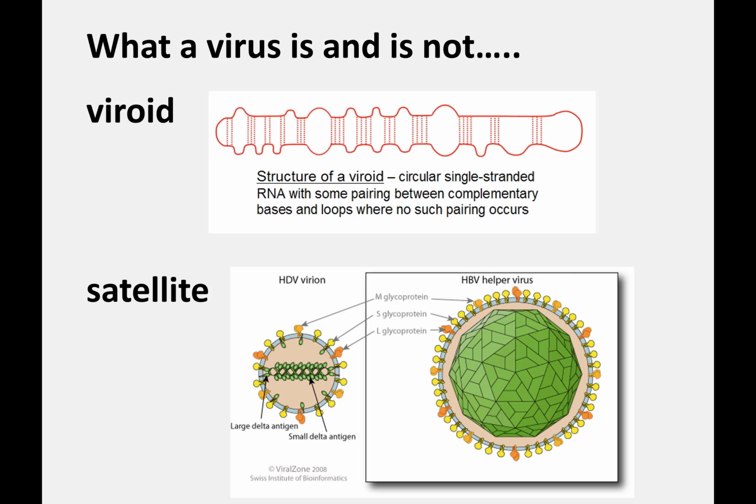And let's talk about what a virus is not. So a virus is not a viroid. Viroids are super cool. These are single-stranded RNA molecules that do not encode a protein.